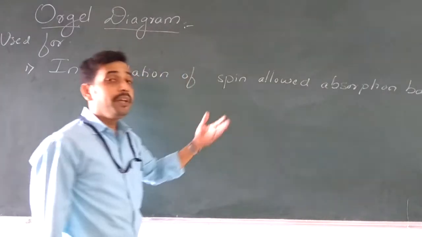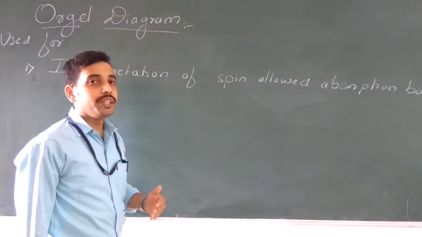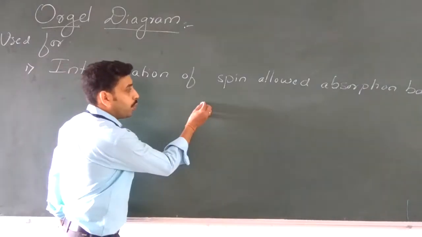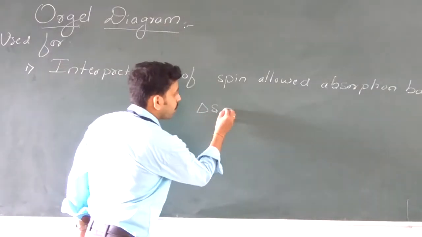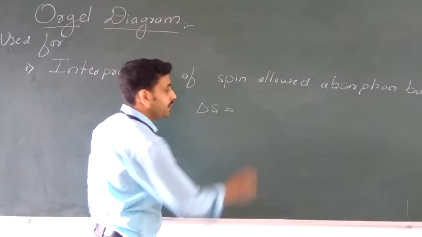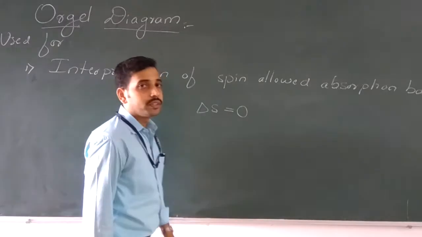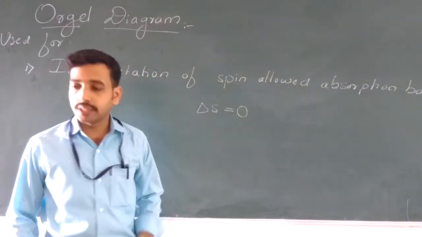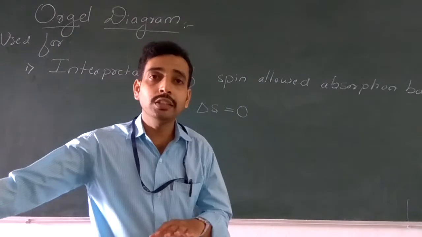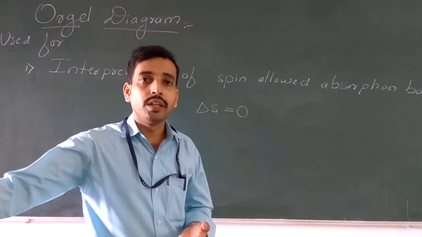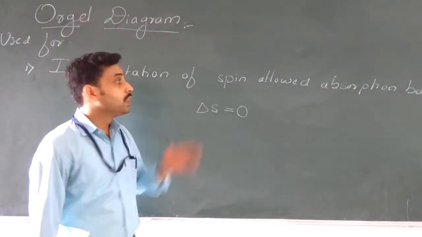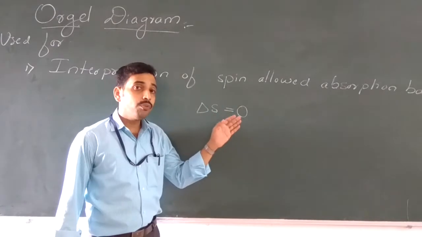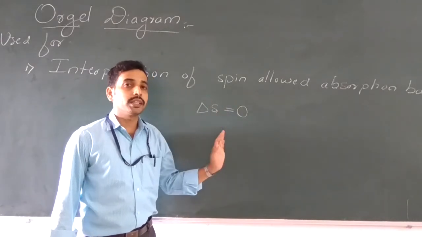What is meant by spin allowed transition? From the selection rule, delta S is equal to 0. That is called a spin allowed transition. It is the fundamental of the electronic spectra of transition metal complexes.